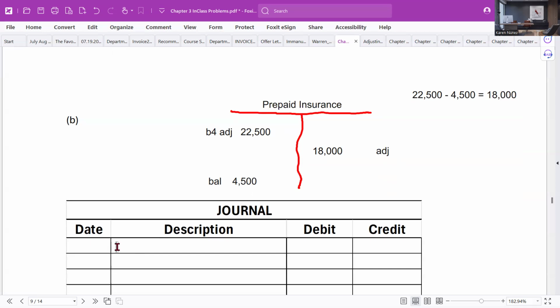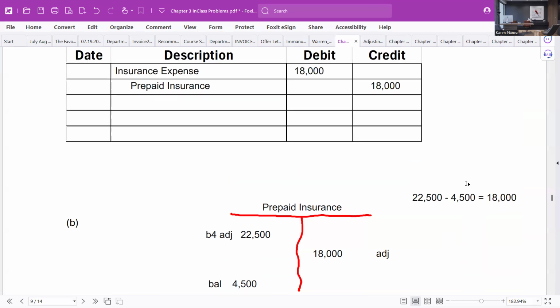So our adjusting entry: insurance expense, 18,000. And prepaid insurance, 18,000. And this entry is identical to the one we did in part A.